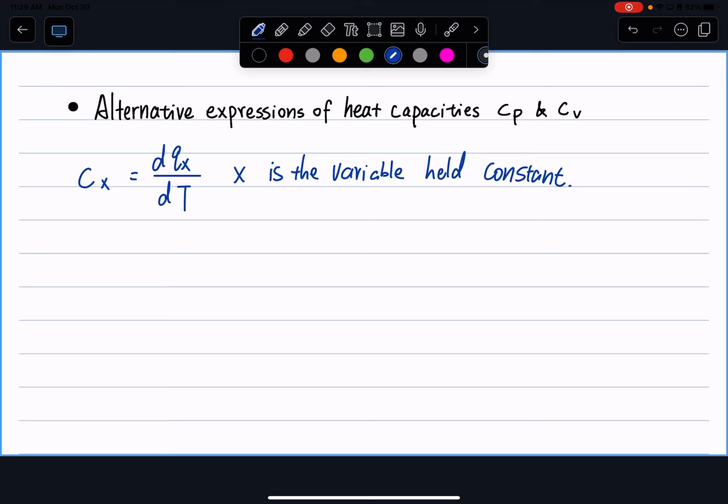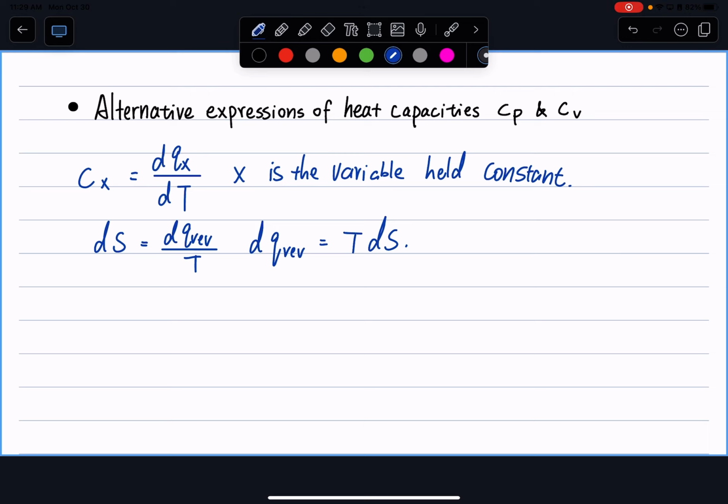Using our second law of thermodynamics and the definition of entropy, we have dS equals dq reversible over T, or we can write dq reversible equals TdS.